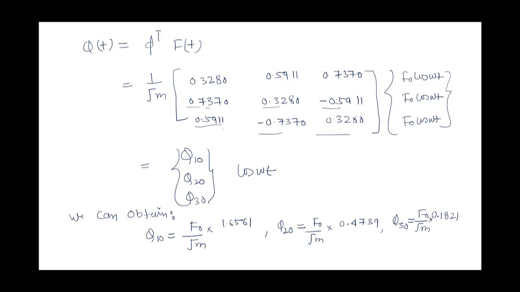So if this is the value of this vector, then we can write the governing equation in the form of principal coordinates.